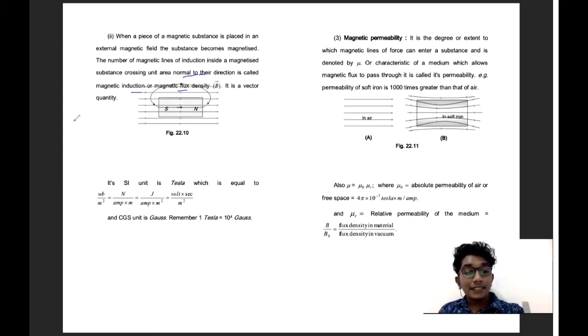Actually, magnetic induction or magnetic flux density is nothing but B. Magnetic flux is magnetic field lines, but magnetic flux density is nothing but the magnetic field. It's a vector quantity.